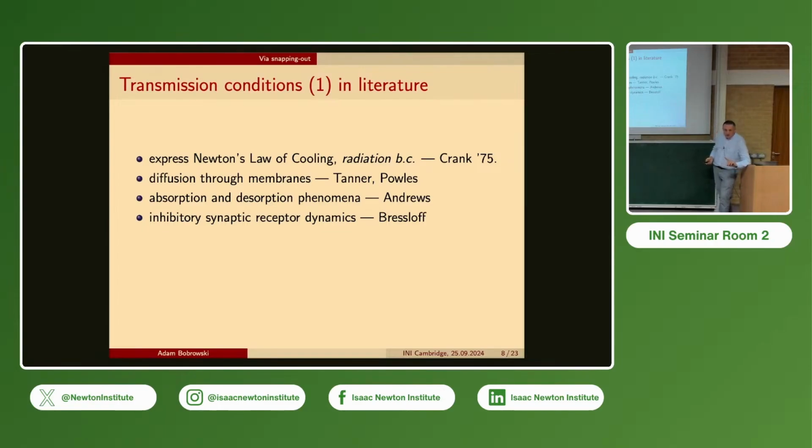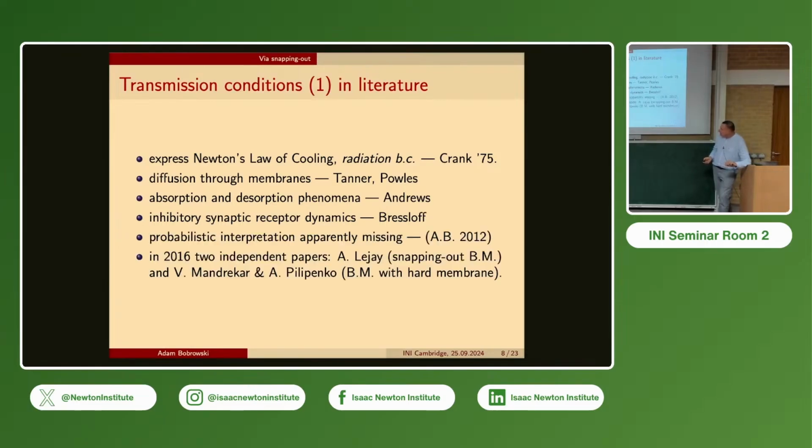What was missing, and this is probably the only thing that is new in my paper, is that I gave a probabilistic interpretation of this. So I was able to describe the process behind this. Four years later, two papers appear in the literature. Andrew Lejay constructs this process. I just described the process.